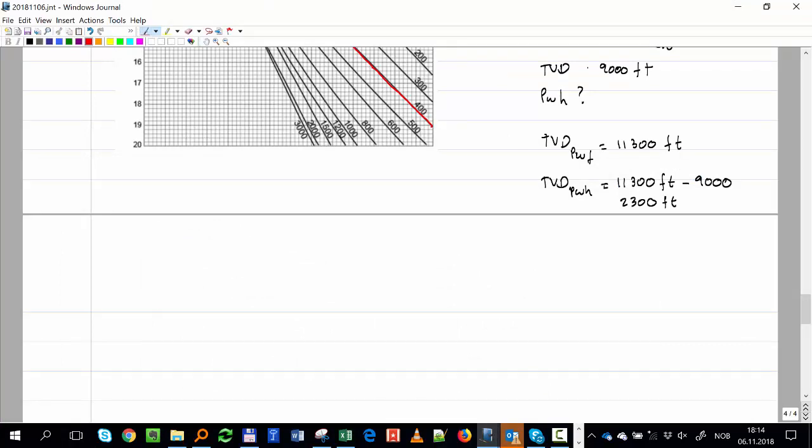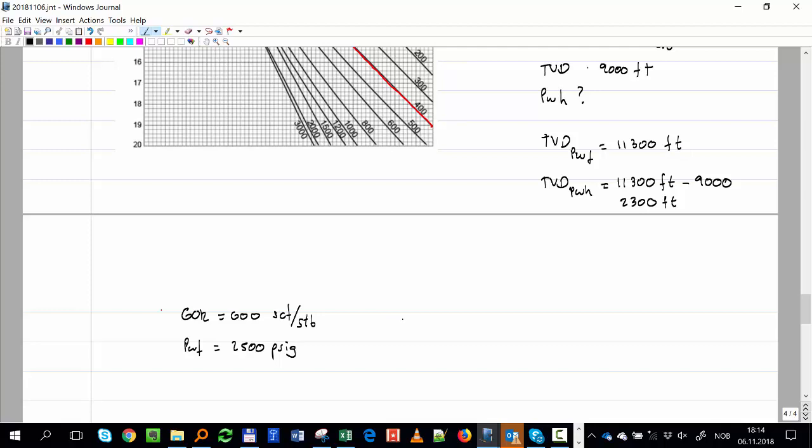So now let's see what happens if I increase the GOR. GOR is now 600, and the bottom hole pressure is still 2500 psi.